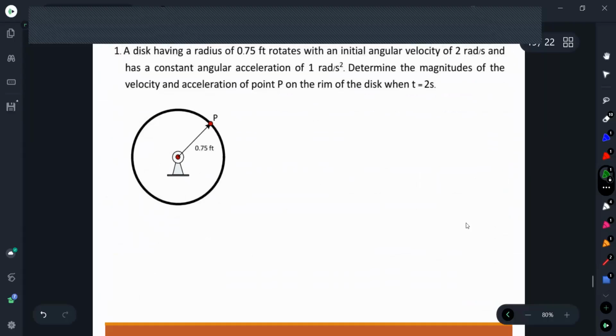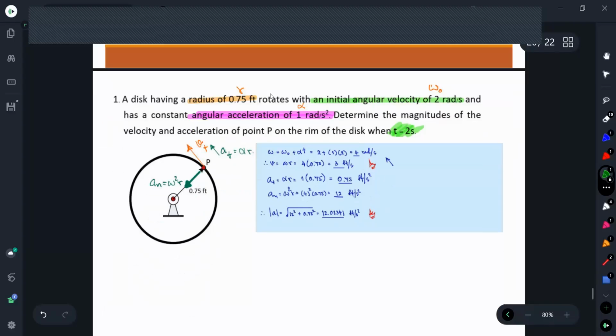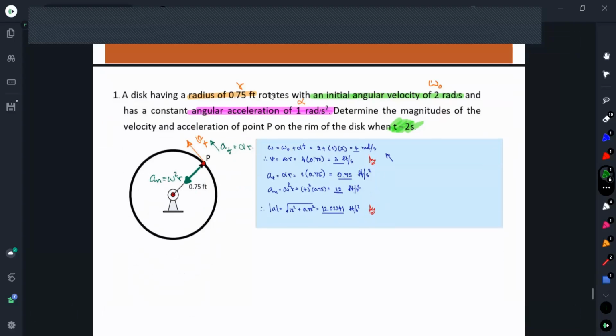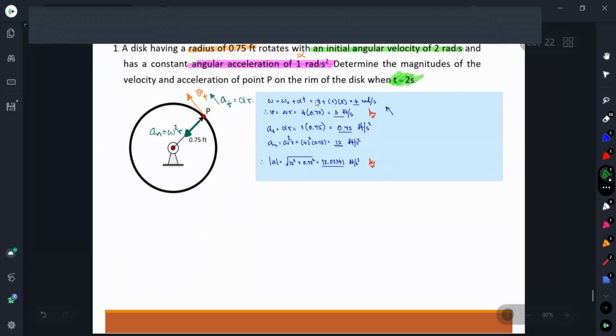We have a disc having a radius of 0.75 that is rotated with an initial angular velocity of 2 radians per second and has a constant angular acceleration of 1 radian per second squared. We would like to determine the magnitude of velocity and acceleration of point P. This is a problem of rotation about a fixed axis.